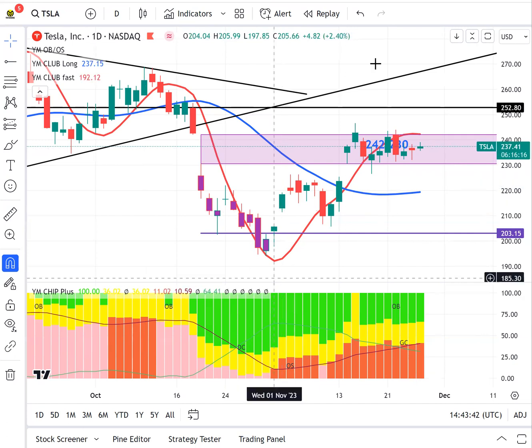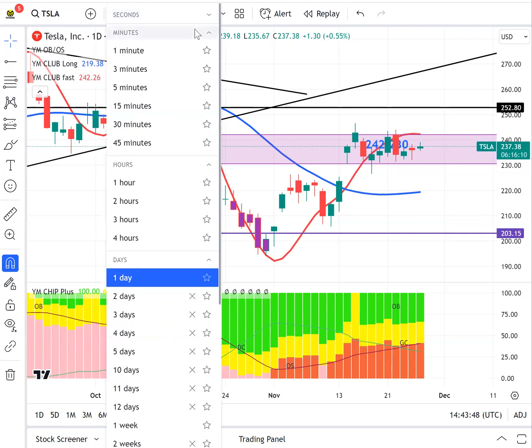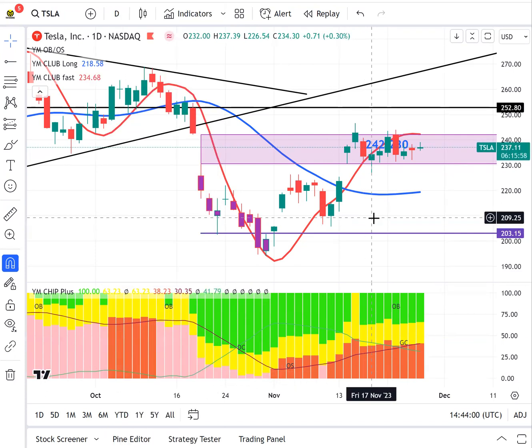Basically, I'm using TradingView. The reason I like TradingView is that first you can add my indicator, and also you can change the time frame here. This is amazing, like 2 days, 5 days, 1 week, 10 days. For some stocks, for example crypto, I will not use just the daily chart because the daily chart has too many false signals.